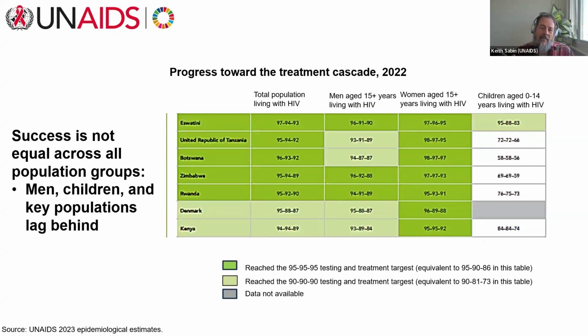Whereas the lighter shades of green are countries where men are further behind in terms of accessing treatment successfully. And then, unfortunately, for children, we see too many countries in white. Denmark is grayed out because in Western Europe, we don't have those data for children. So by gender and by age, we are having differential success and challenges, and these are things that remain to be addressed in the HIV response.